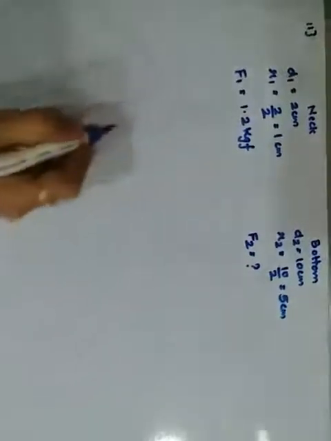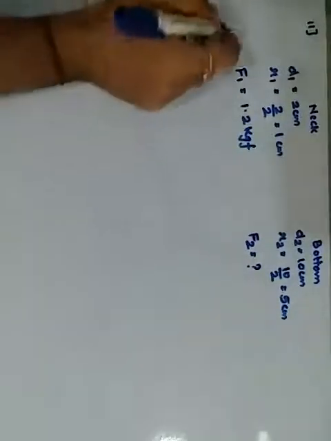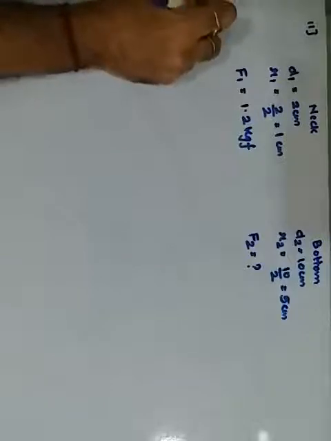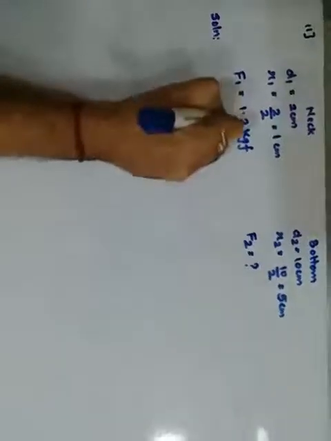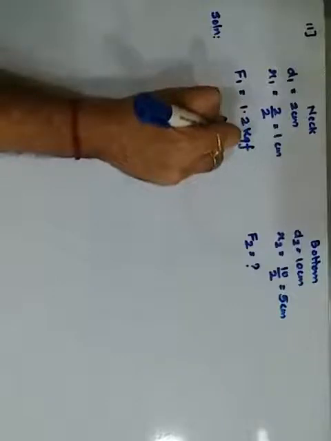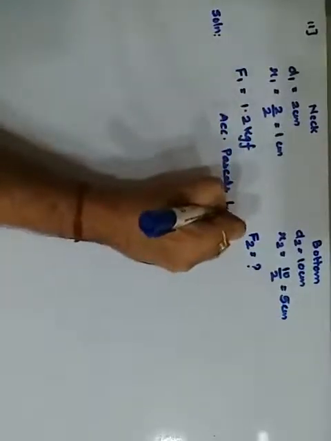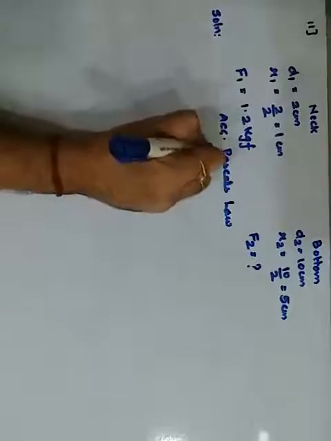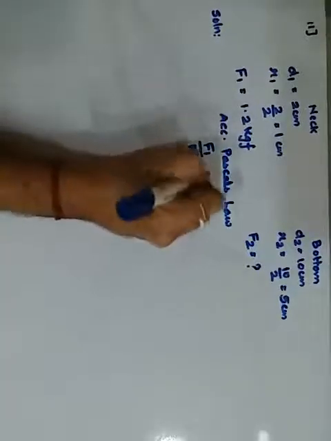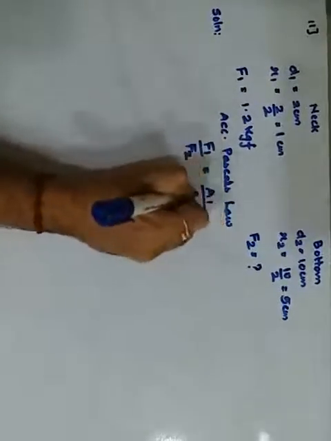Okay, let us work it out. Solution: here again it is Pascal's law. According to Pascal's law, again I can say that F1 upon F2 is equal to A1 upon A2.